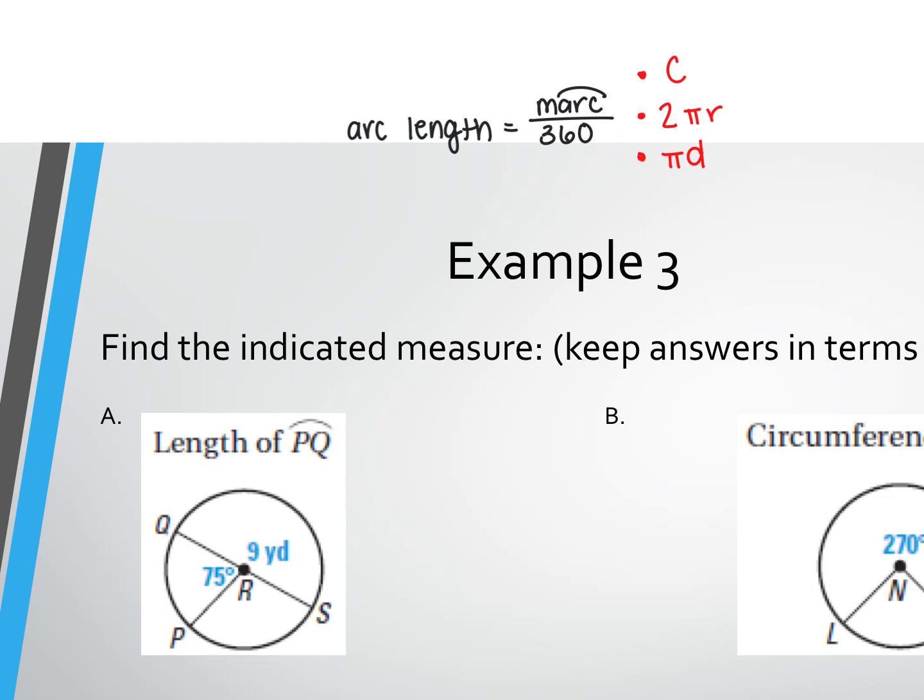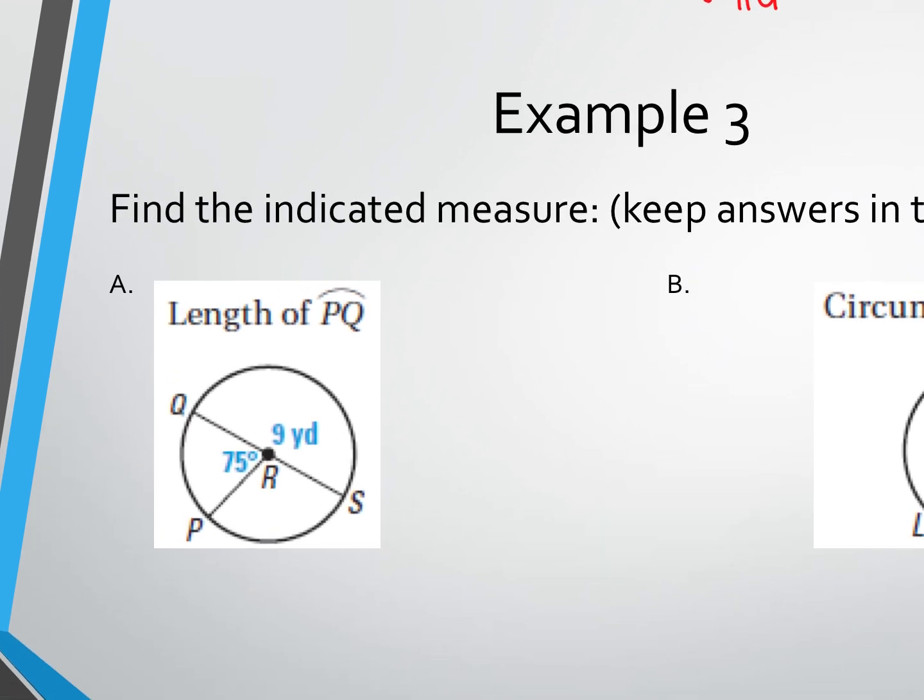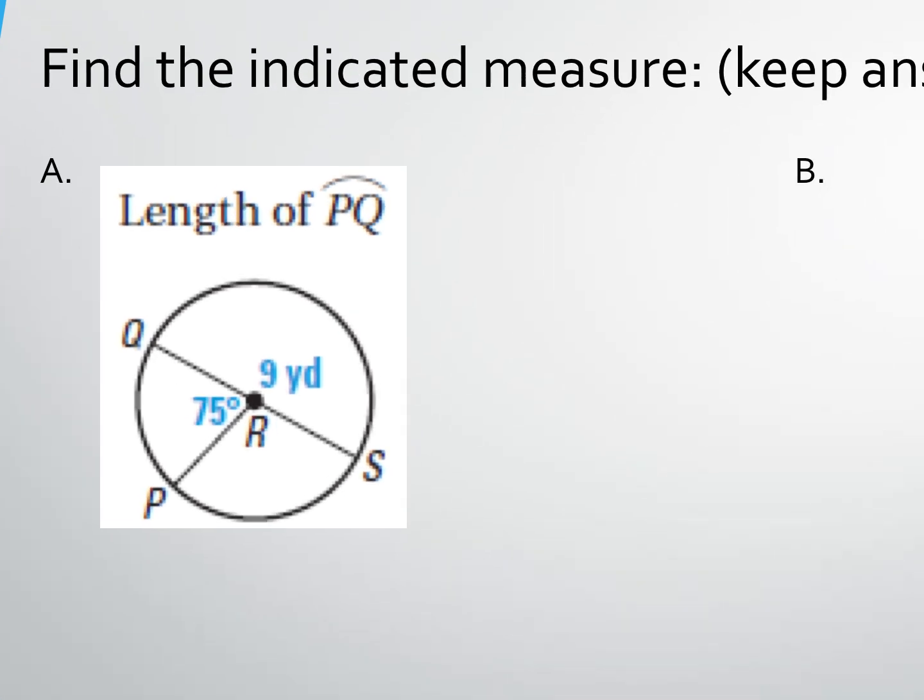Which one? Look at what's given for A. Which one am I going to use? Pi times diameter. So for A, I'm going to write it. I am using arc length equals the measure of the arc divided by 360 times pi times diameter. Plugging in what I have, I'm going to highlight it just so we know.